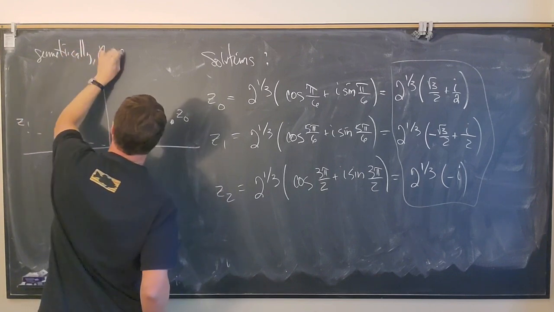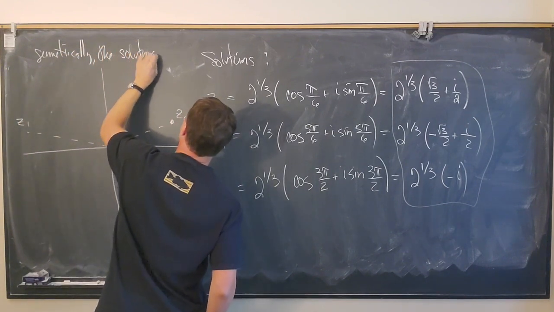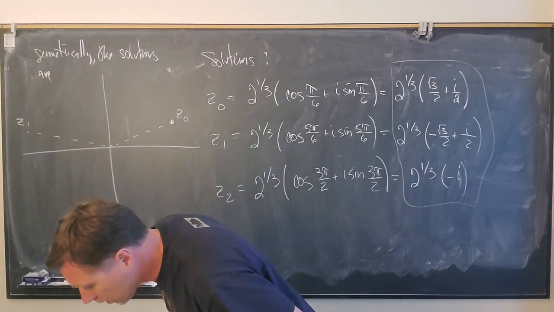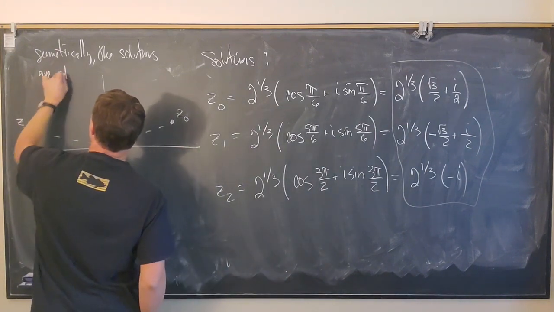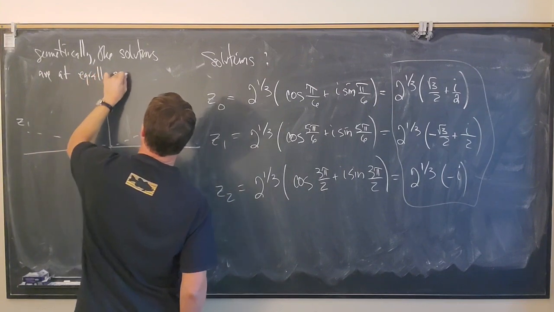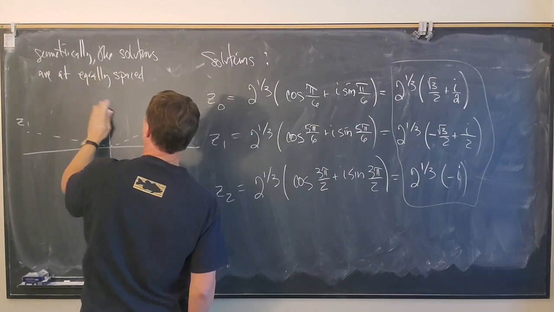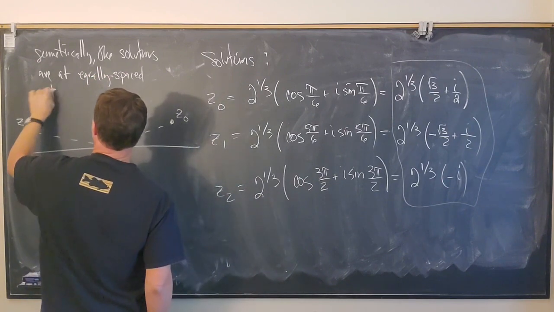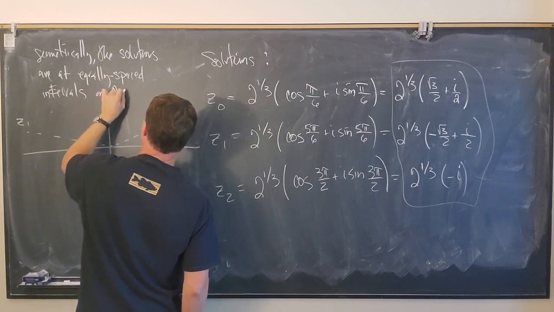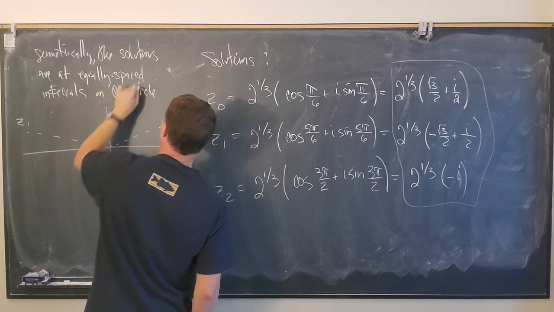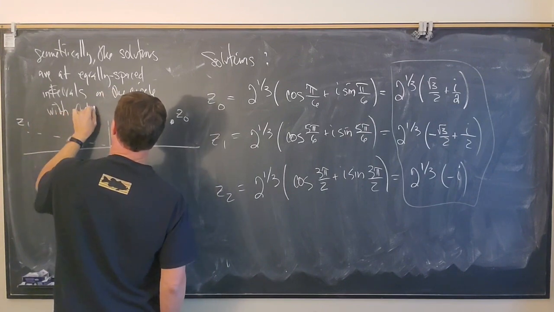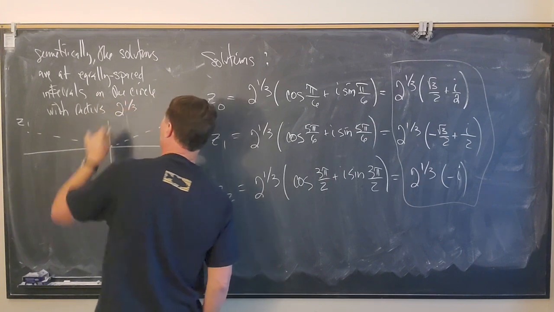The solutions are at equally spaced intervals on the circle with radius 2 to the 1/3.